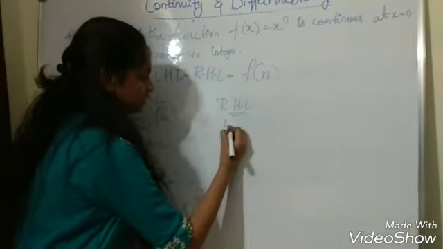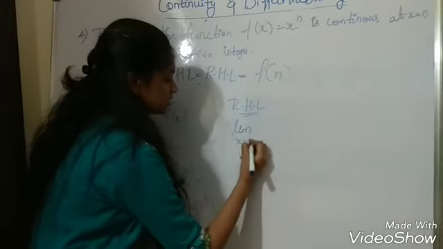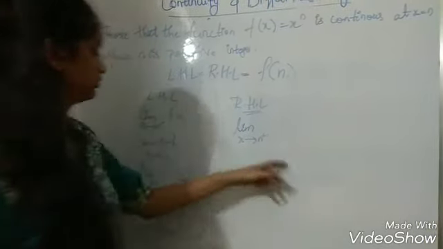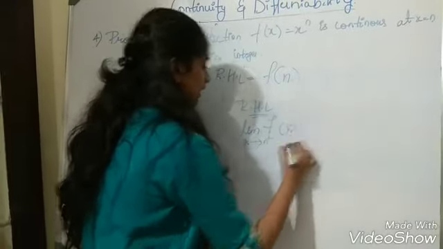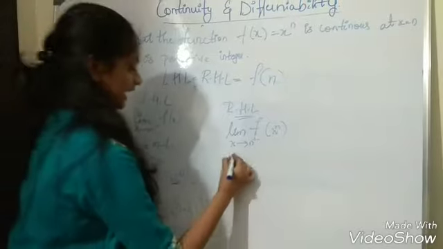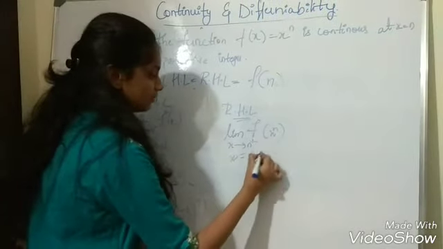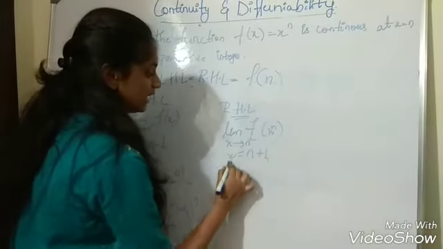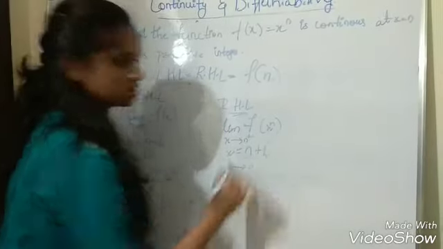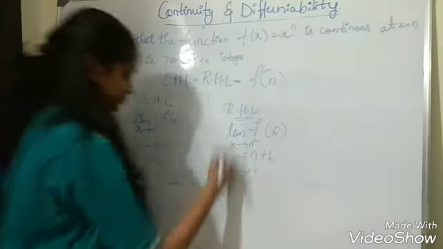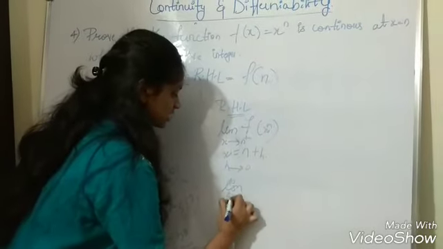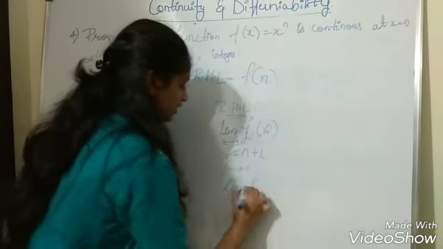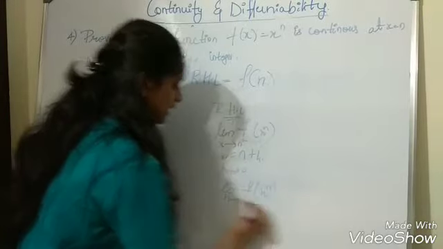Now limit x tends to n positive of f(x), x to the power n. Now take x value as n plus h, and the value of h is tending to 0. Now limit h tends to 0 of x to the power n.